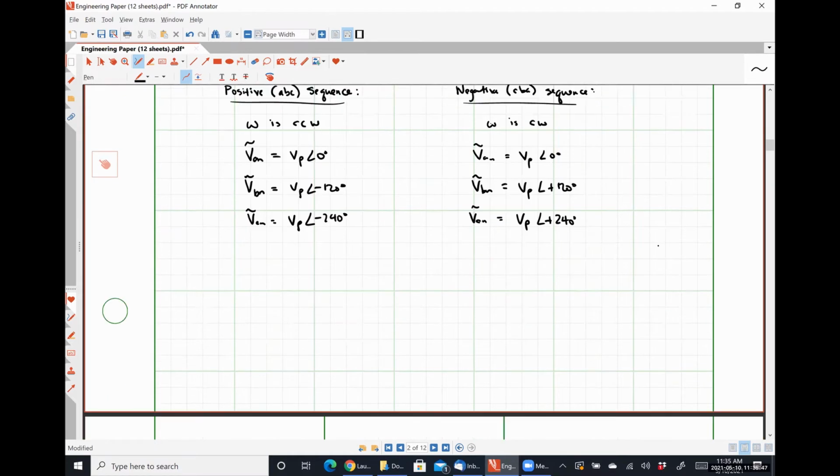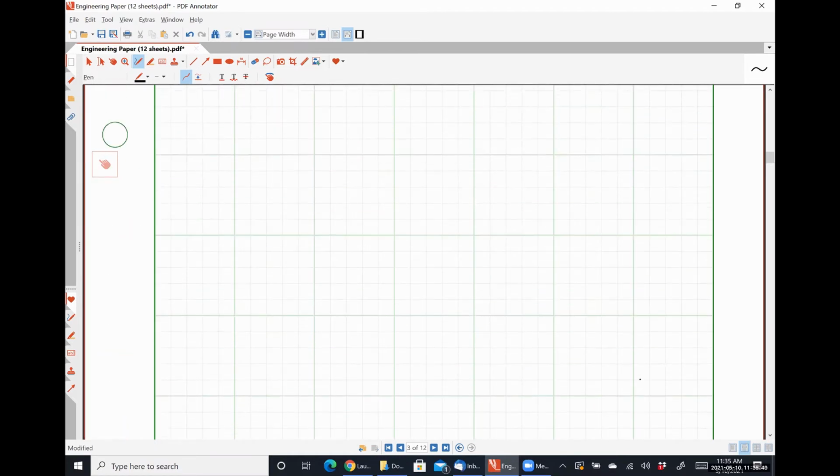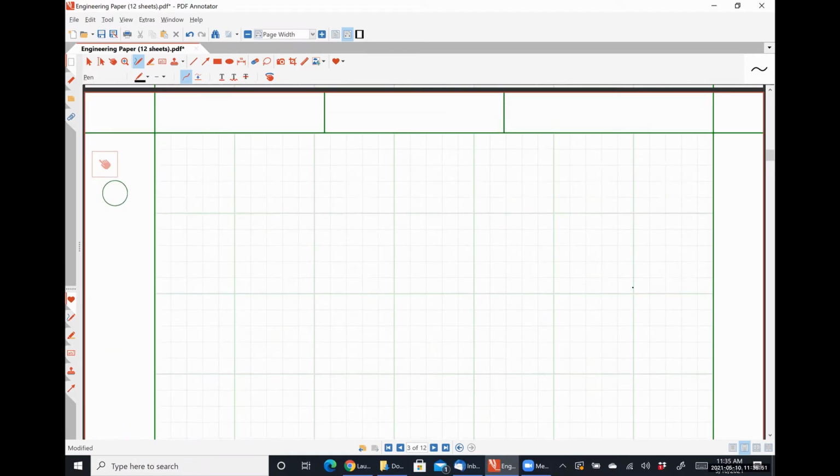All right, so with that out of the way then, let's talk about source and load configurations. And this is where the jargon starts to bite us in the butt, okay?